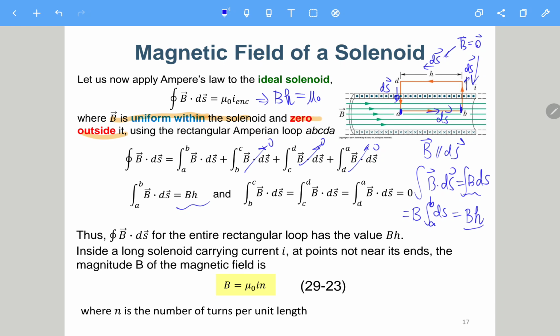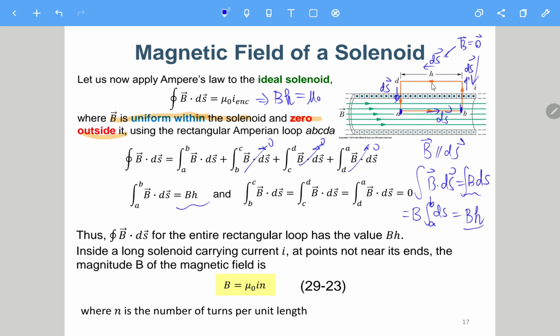We need to determine what I enclosed is. For every dot, it is I. How many I are there? We only know the width is h.